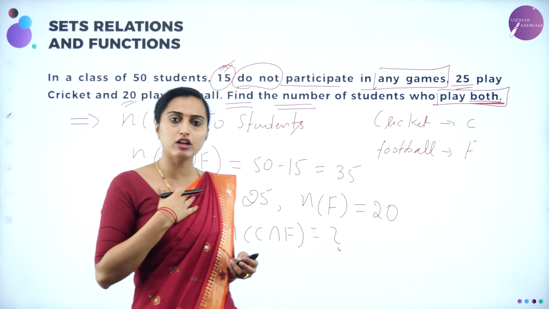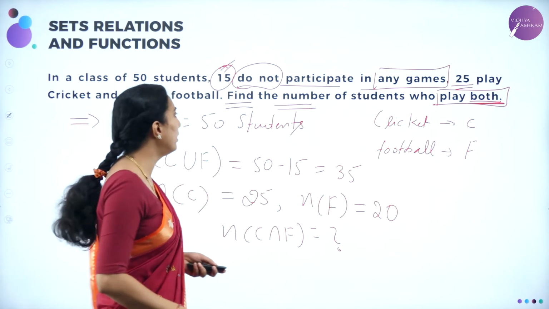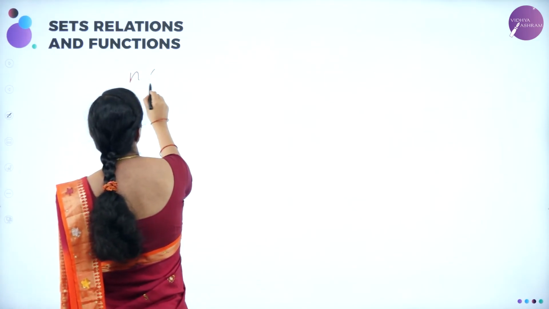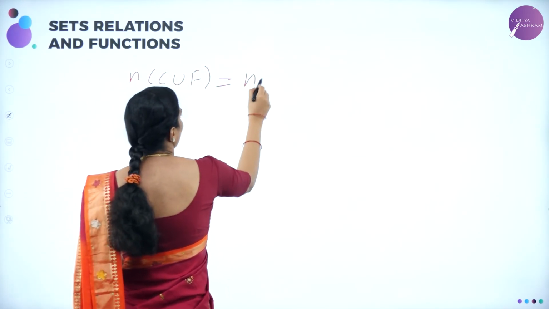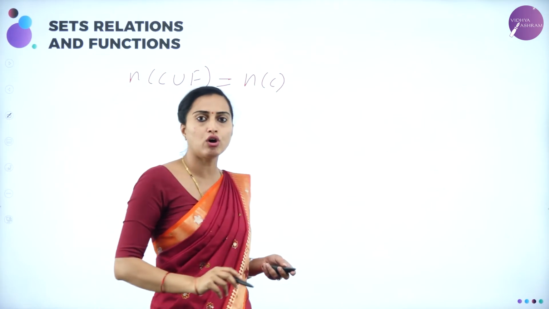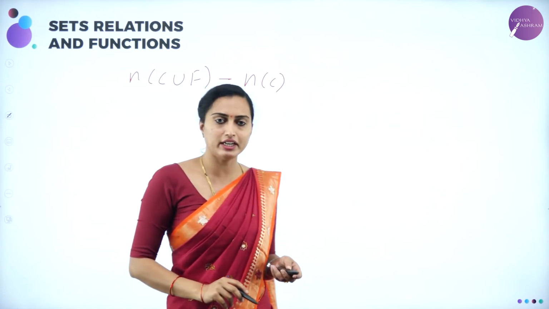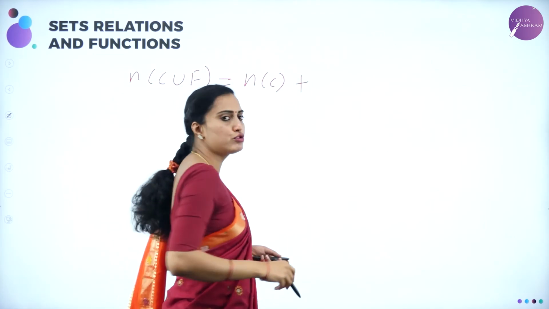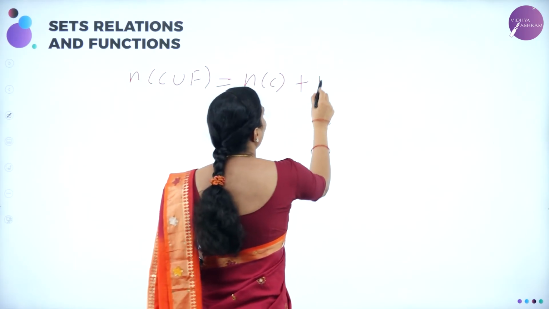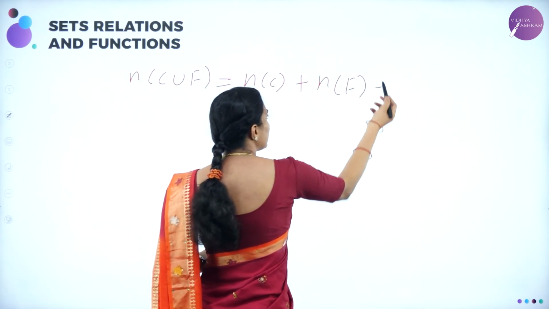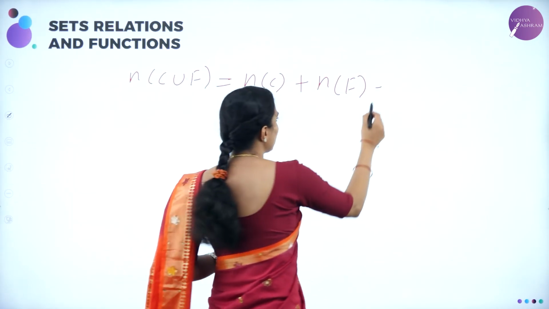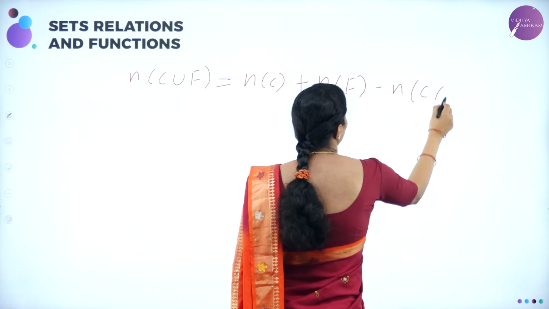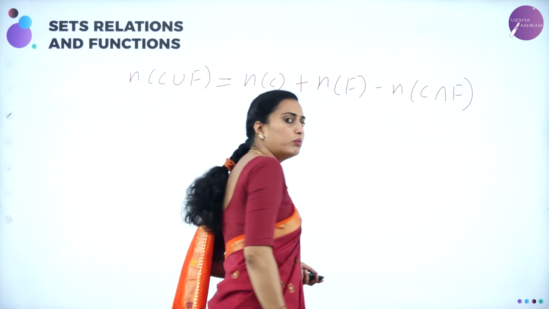Now, what is the formula we have? We know that n of C union F can be written as n of C, the number of students who play cricket, plus the number of students who play football, minus the number of students who play both, that means the intersection, n of C intersection F. This is the formula we can use.